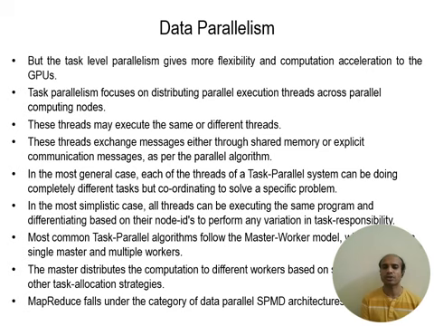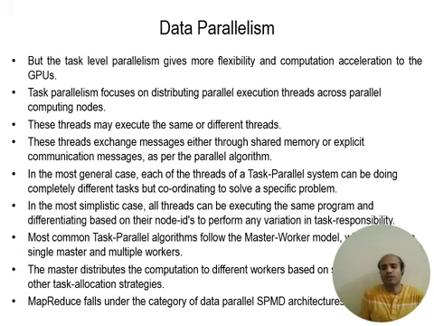This works incredibly well for problems that are embarrassingly parallel, a term for problems where the data can be split up with very little effort or dependency between the chunks. But task-level parallelism gives more flexibility and computation acceleration to the GPUs. Task parallelism focuses on distributing parallel execution threads across parallel computing nodes.